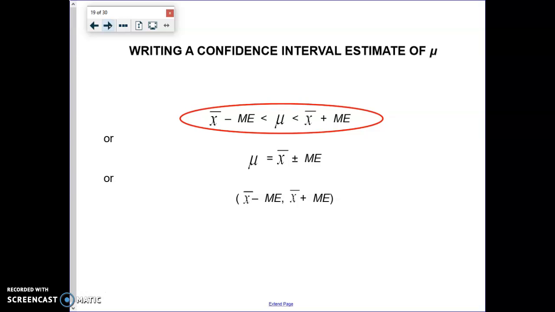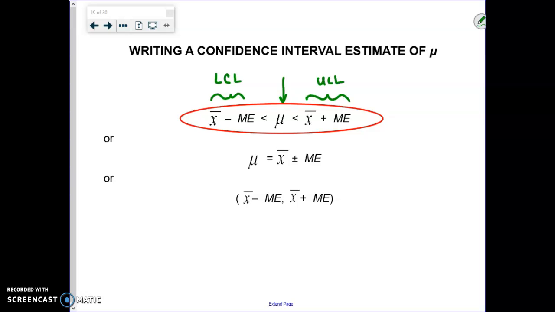Now, there are a lot of different ways to write a confidence interval, and here's how we're going to write it. We're going to put the population parameter we're estimating, the mean, in the middle. This will be our lower confidence limit, and this will be our upper confidence limit.